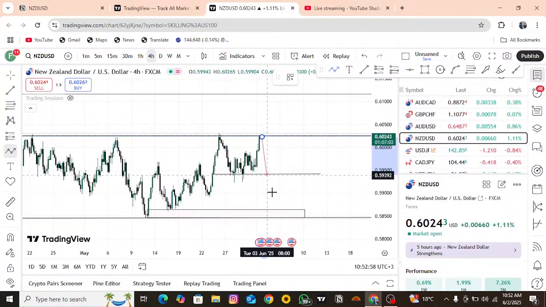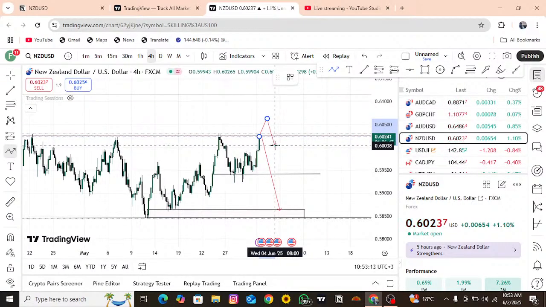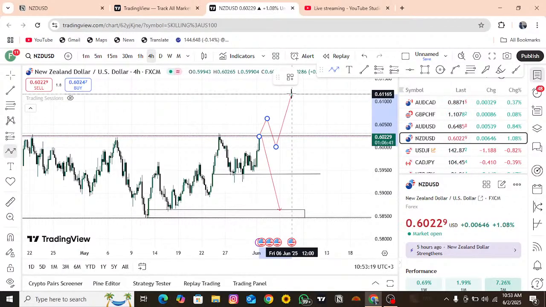Again, you see these are inducements. If it's a total rejection, we might see price pushing down to this side. But again, we might have an instance of a breakout, a retest, taking out people here and seeing price coming to this zone.